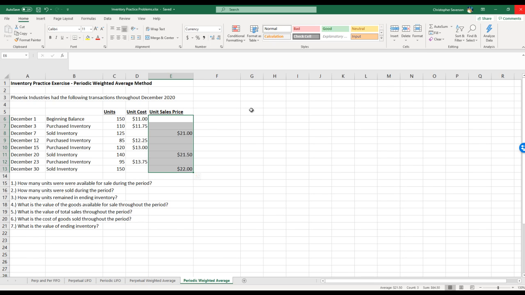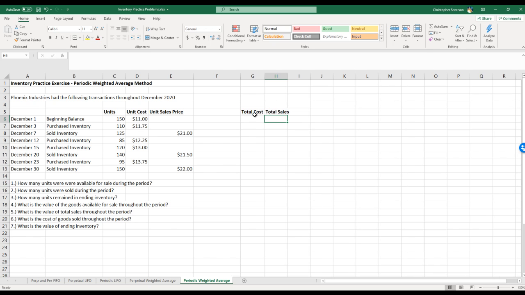What I like to do when facing a problem like this or a data set like this is I like to create a total cost and a total sales column for every line. That way we can just calculate, 150 units multiplied by the $11. So 150 multiplied by 11. We're going to go down and do the same thing.